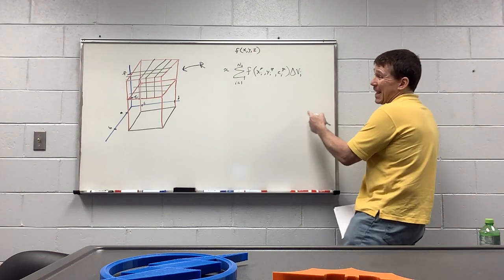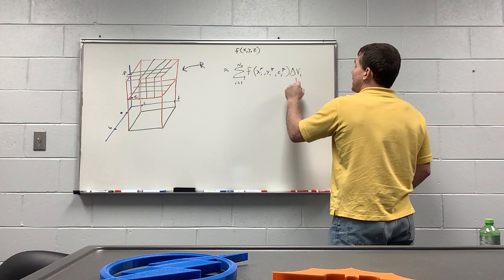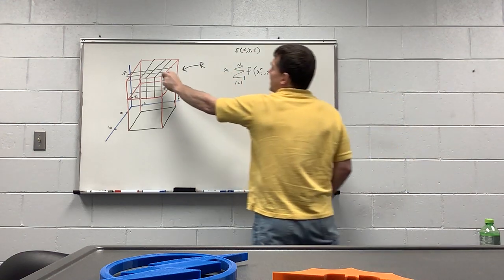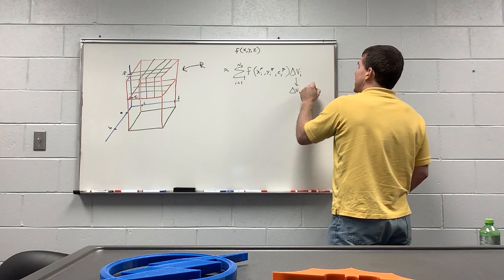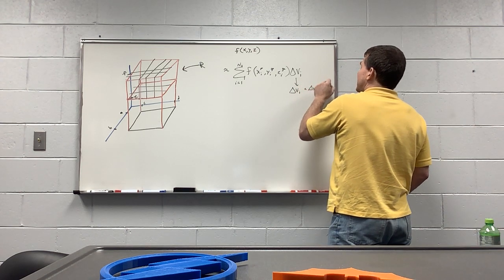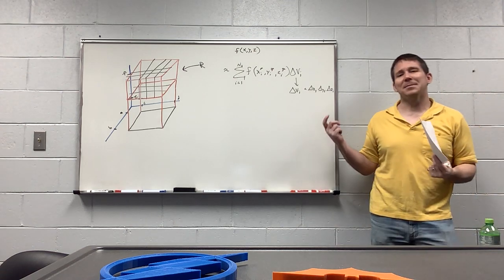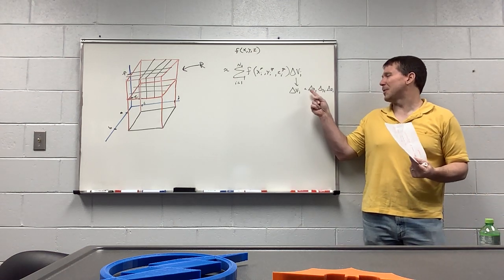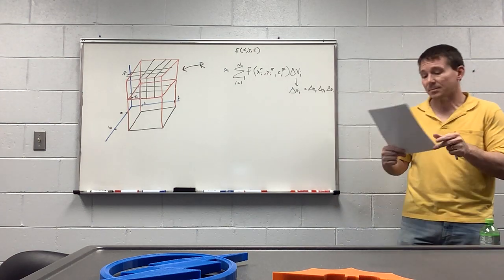But then I understand, just like when I used this rectangle before, this delta V_i is all these cubes, which obviously will change, but the delta V_i is just delta x_i, delta y_i, delta z_i. And again, I understand ultimately, because I know how this is going to work, that will become a dx, dy, dz, a triple integral.